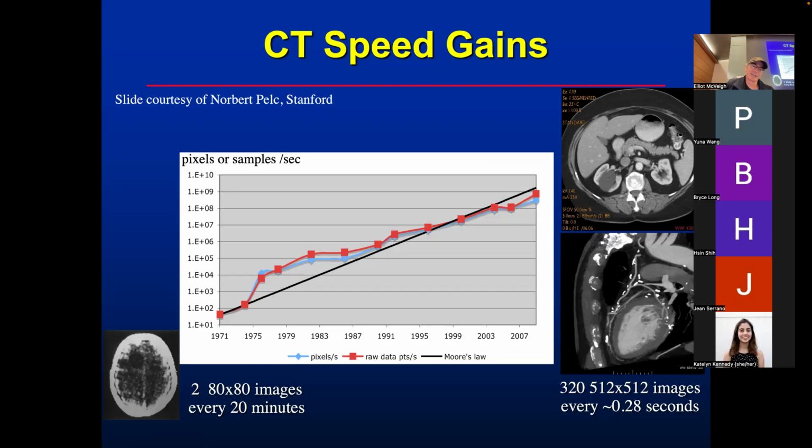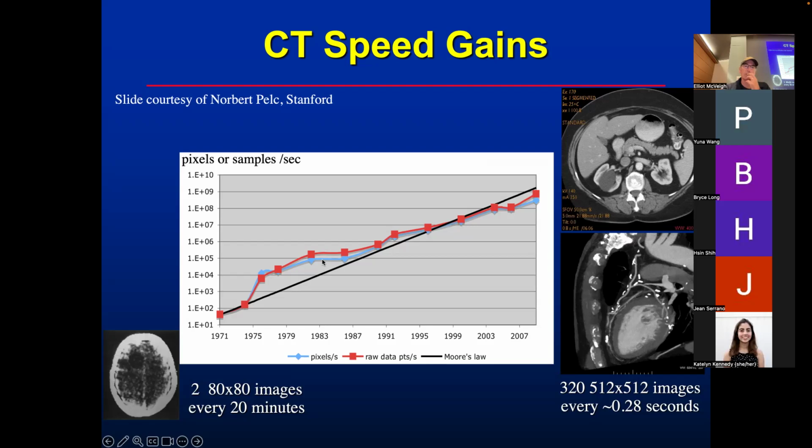And it took 10 or 100 times the radiation back then to make the picture. So investing in this was a bit of a stretch, right? But there were believers and they kept going, till finally you get here in the modern day scanner, you have 320 images. They're 512 by 512, and I think you get them each at 170 milliseconds, right? So over the course of 30 or 40 years, it underwent some pretty cool changes.